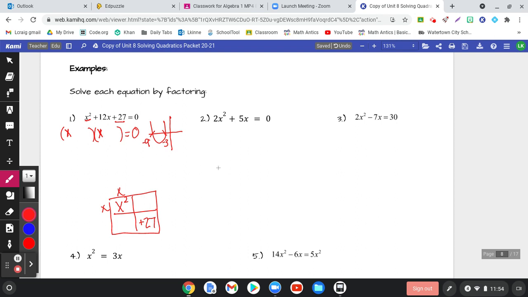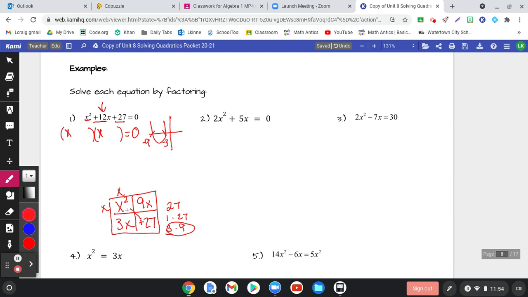But the other way to do it is to look at that product. What are all the ways you can multiply to get 27? 1 times 27 or 3 times 9. You want the pair that's going to add up to the middle term here, positive 12. That's positive 3x and positive 9x.